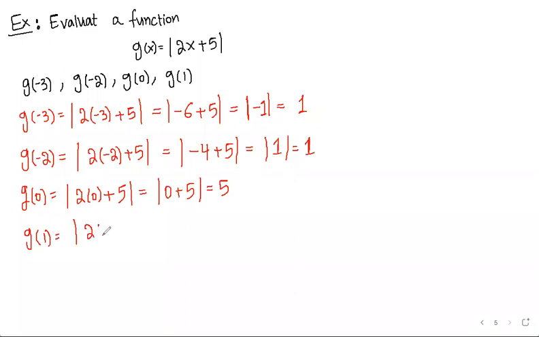Same idea. 2 times 1 plus 5. 2 times 1 is 2, plus 5 is 7. The absolute value of 7 is 7. Okay.